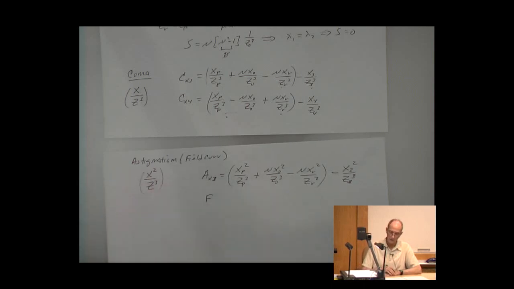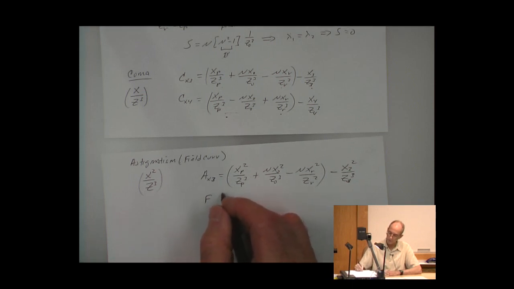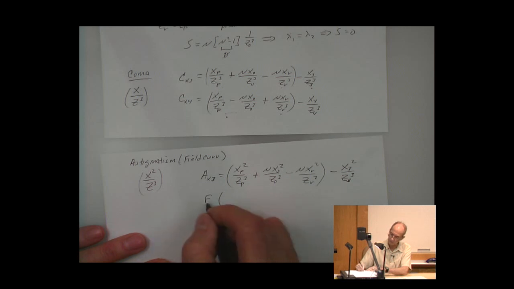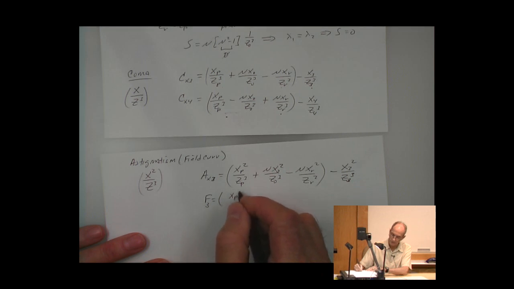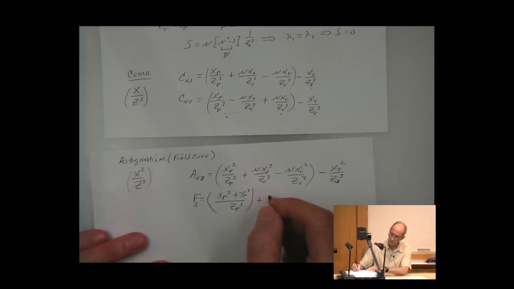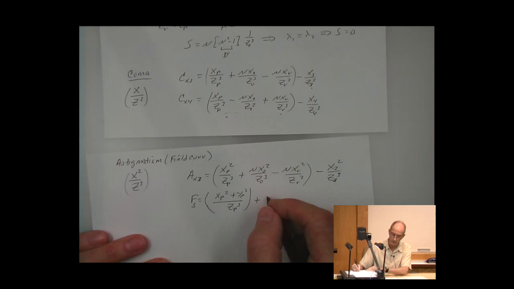Also have this kind of functional dependence, except the field curvature is more a function of the x and y being coupled to one another, so let me write it out here. F3 is equal to xp squared plus yp squared over zp cubed. So it still has this lateral dimension squared divided by the axial dimension cubed, but it incorporates the y in it as well. And so we have to insert that into each of our terms.